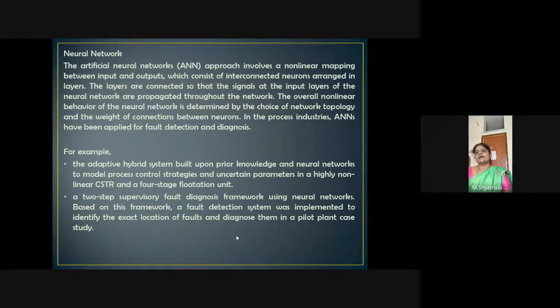This chemical reactor is normally used in the medical process industries. It is used for producing many medicines, tablets, or some solutions manufacturing, and everything we are using CSTR in process industries. This is a highly nonlinear process control reactor.